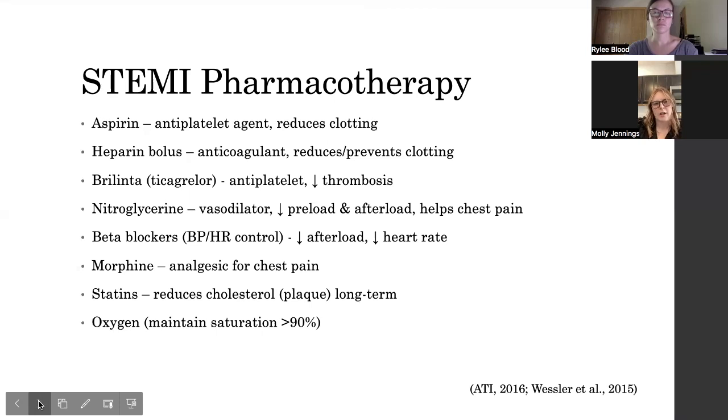And then while they're having chest pain, we want to make sure that their saturations are above 90%. If the heart already has decreased blood perfusion, we don't want to make matters worse by lowering the levels of oxygen in the blood that the tissue may be getting. So keeping those above 90 is crucial.